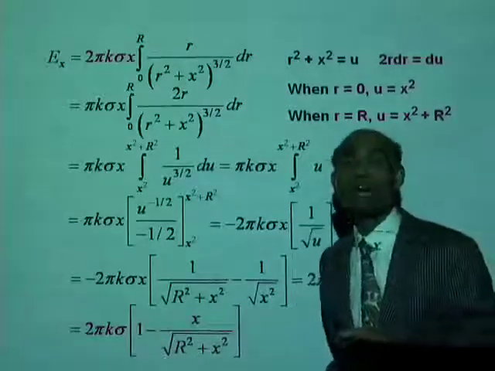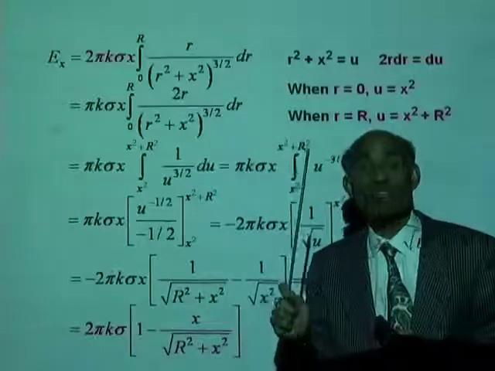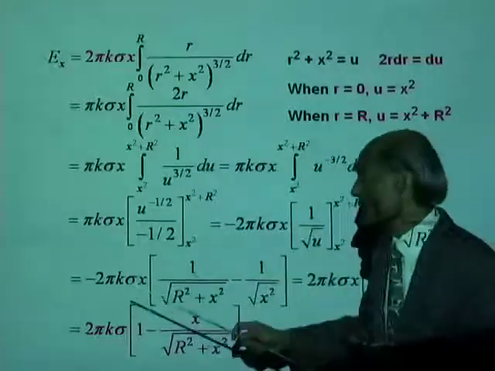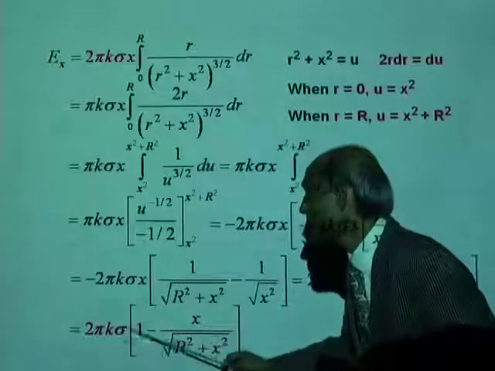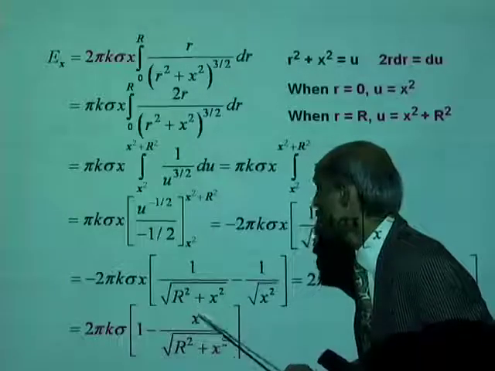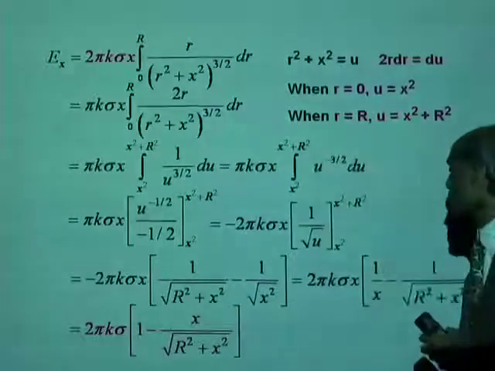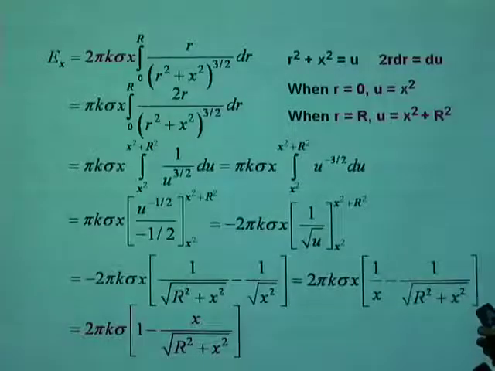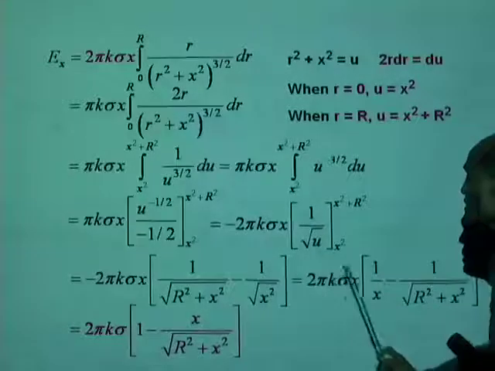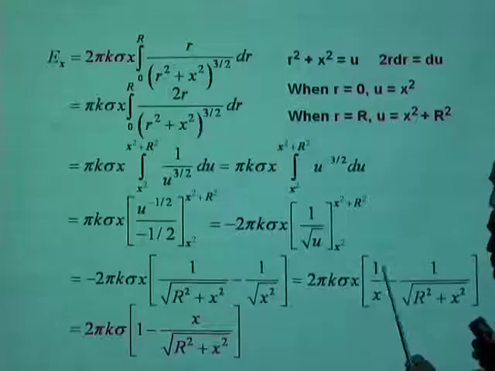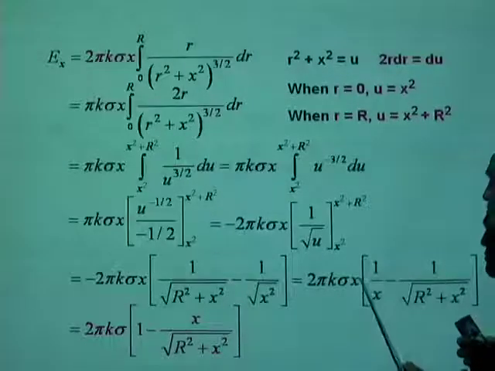The electric field at a point on the axis of a charged disk is 2 pi k sigma (1 minus x over square root of R squared plus x squared). All I did is I took this x inside the bracket.